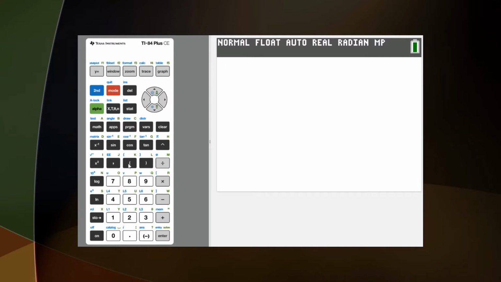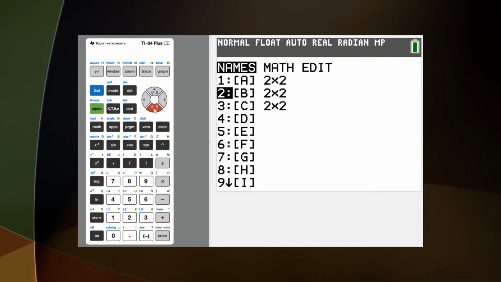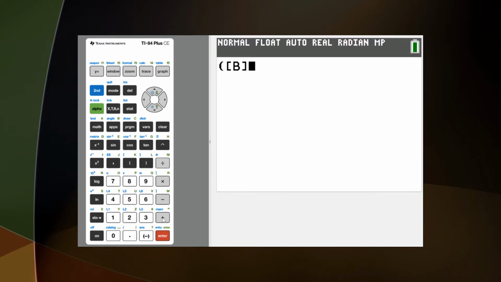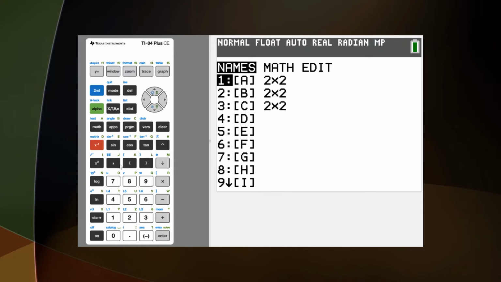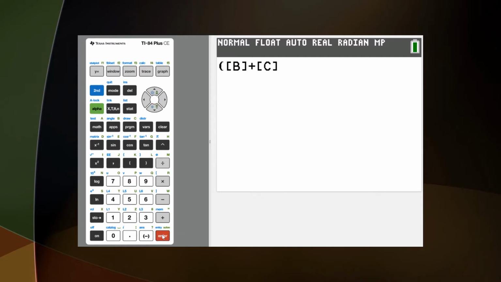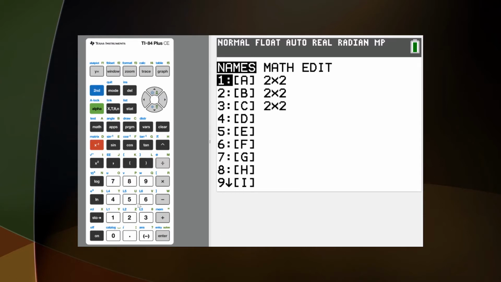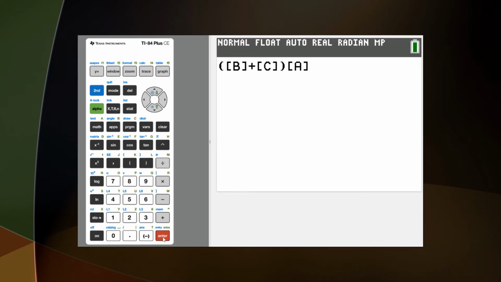I'm going to put in a parentheses, and I'm going to go to second matrix and choose matrix B, plus matrix C, close my parentheses, and we'll multiply that times matrix A. And let's hit enter, see what happens.